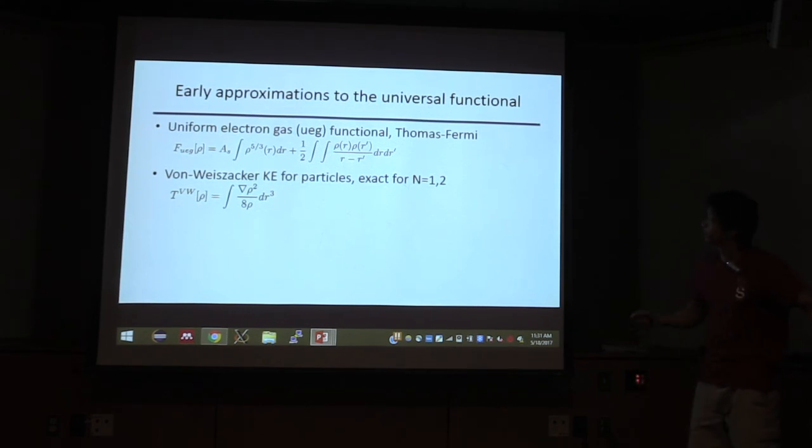So people had some early approximations to the universal functional. The first one was just taking an extremely simple system, the uniform electron gas, that has constant density over the space. And you can see that you can write out a universal functional for it.